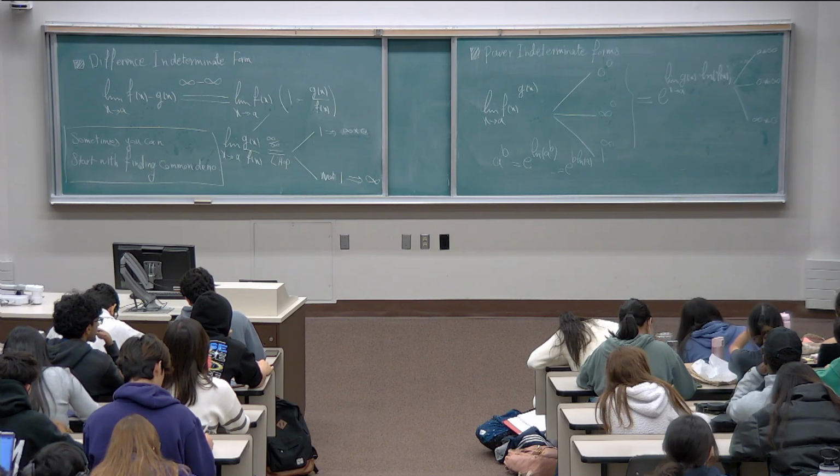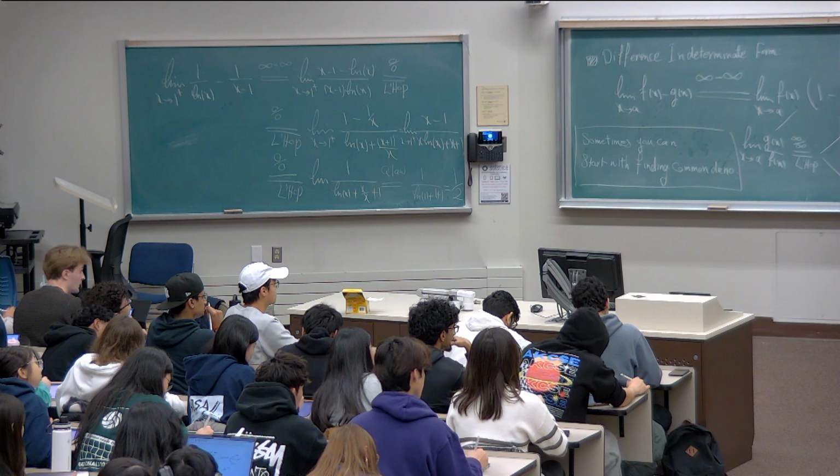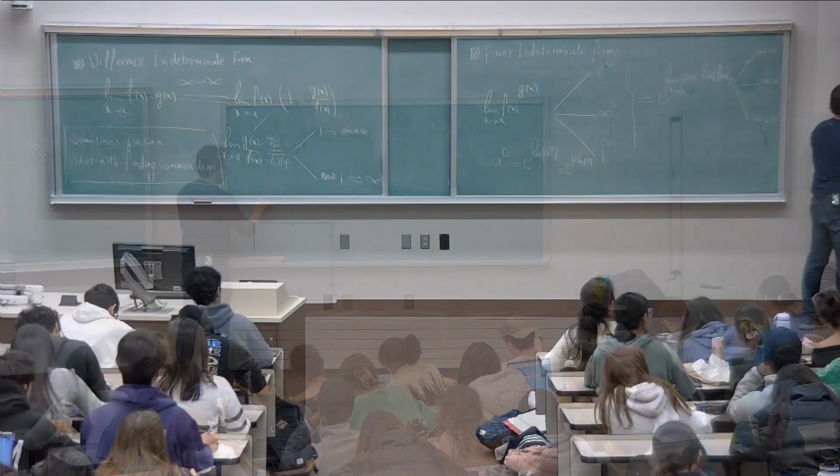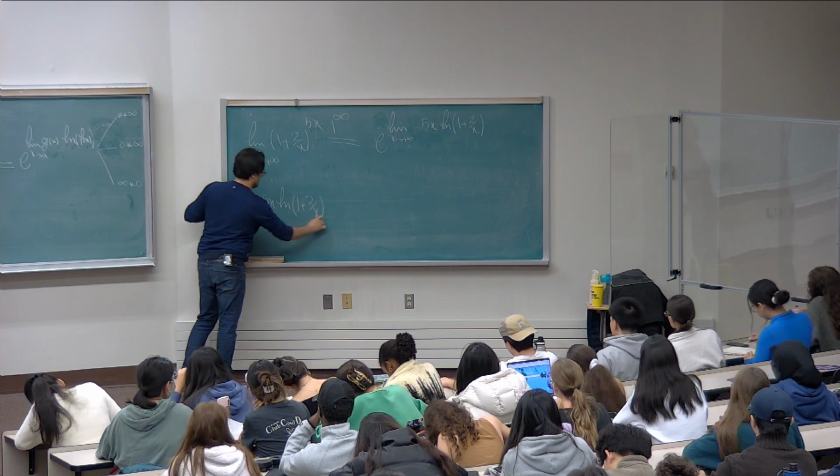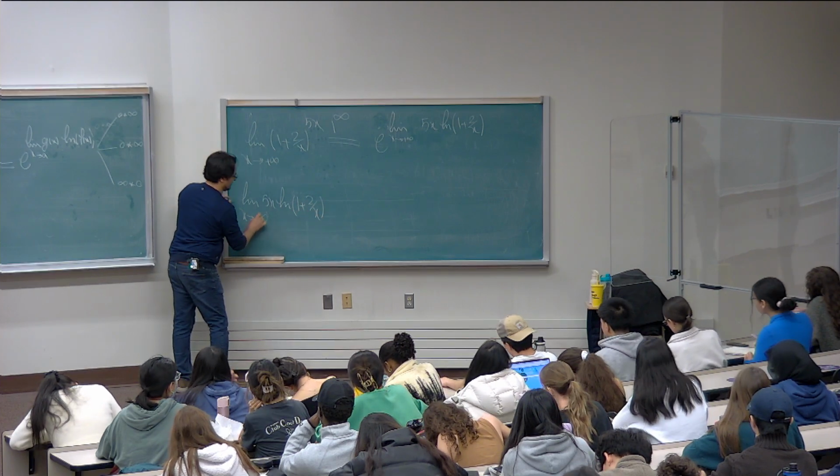And now I take this limit and I want to deal with it separately. Limit of 5x ln of 1 plus 2 over x as x goes to plus infinity.